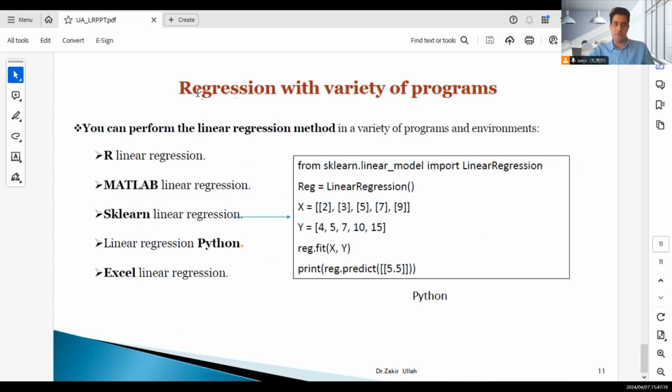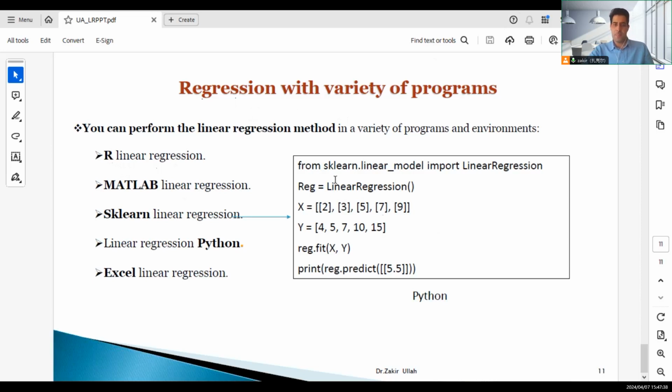So lastly, we are going to talk about regression with a variety of computer programs. Linear regression can be very easily implemented using R programming, MATLAB, sklearn, Python, and Excel.